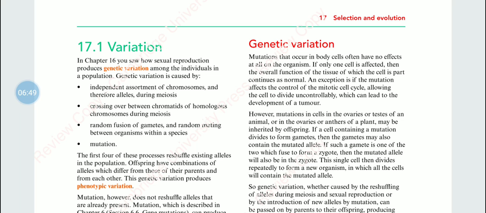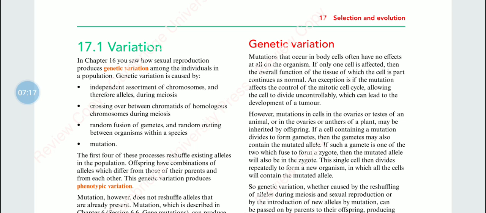The cells in ovaries or testes, if mutated, and if they divide to produce gametes, will pass on the mutated allele to the zygote.